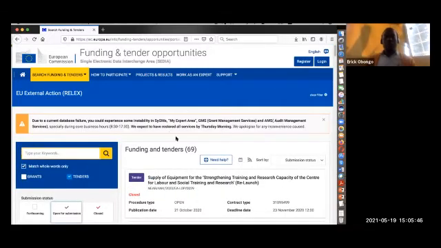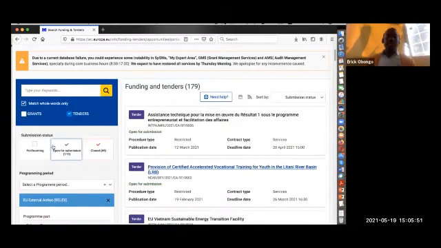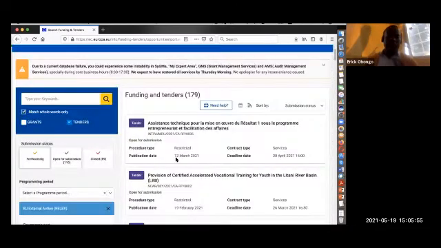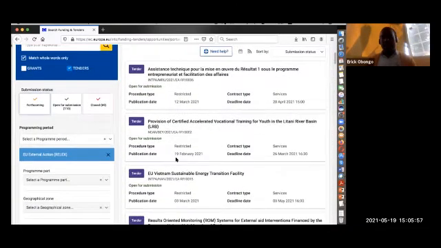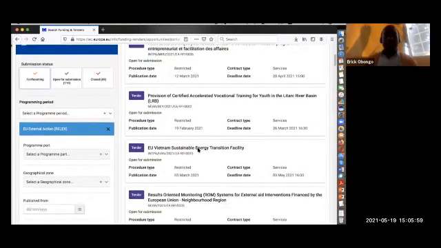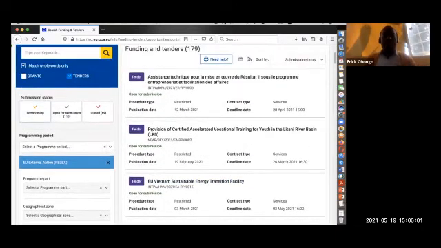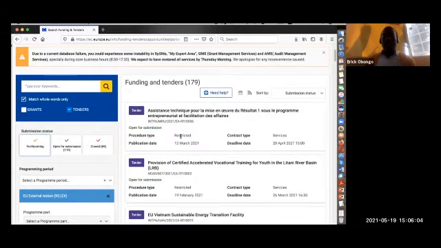These are the ones which are open, the open calls for proposal, as you can see. And if you go to the forthcoming, then it will show you the ones which are yet to come. And like the other system, it also has the type of the call, whether it is restricted, meaning that you have to do the concept note and then you go to the full proposal, the deadline, where it's being implemented, and the title of the program.